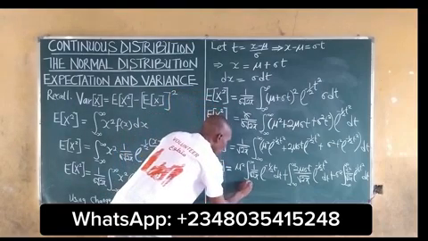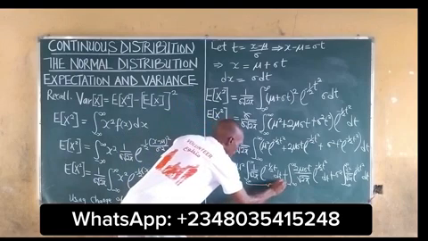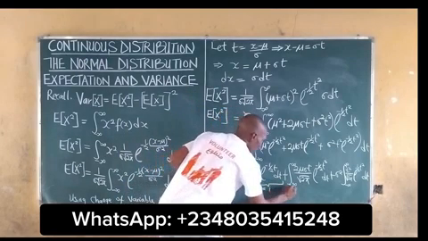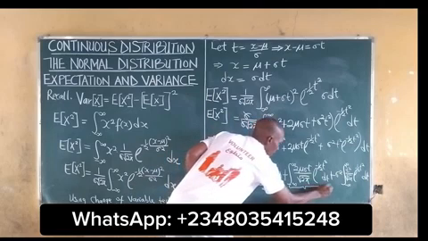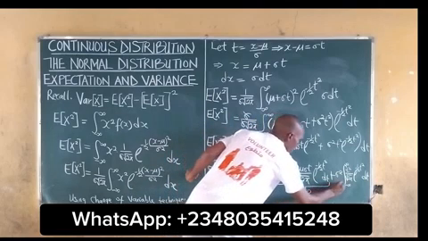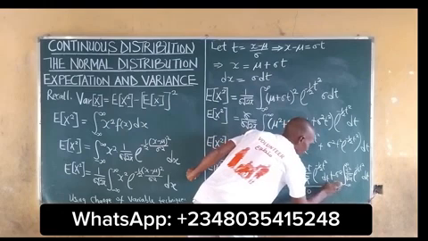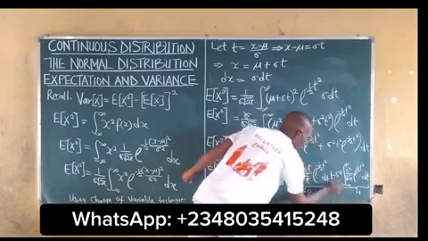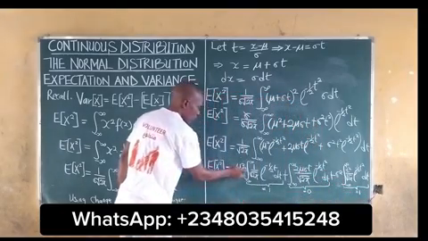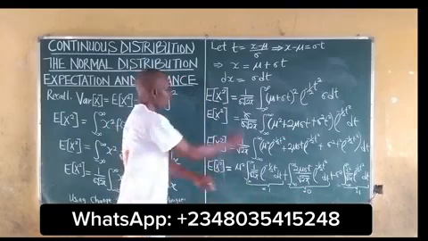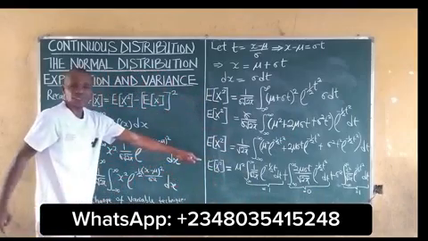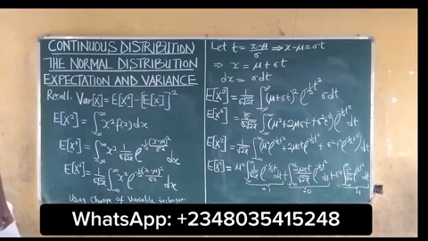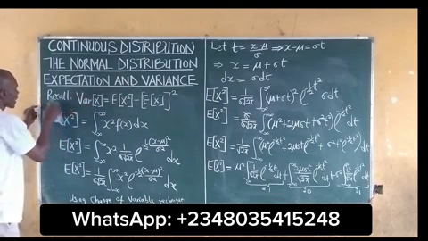Of course, the whole of this is equal to 1. The whole of this is equal to 0, and the whole of this is equal to 1. So we have sigma squared multiplied by 1, mu squared multiplied by 1. So we move over to this other side to complete this. We'll delete this, we'll rewrite it back.